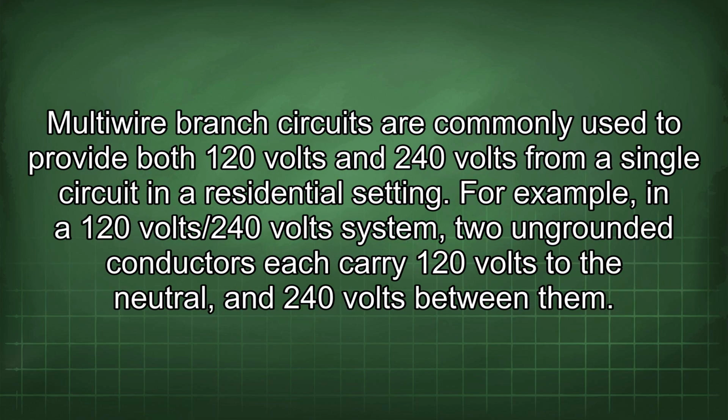Multi-wire branch circuits are commonly used to provide both 120 volts and 240 volts from a single circuit in a residential setting. For example, in a 120 volt/240 volt system, 2 ungrounded conductors each carry 120 volts to the neutral and 240 volts between them.